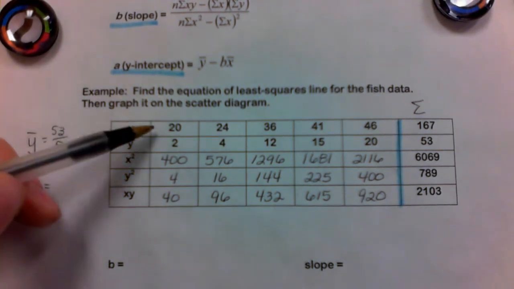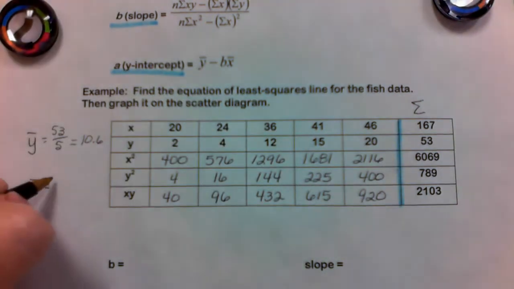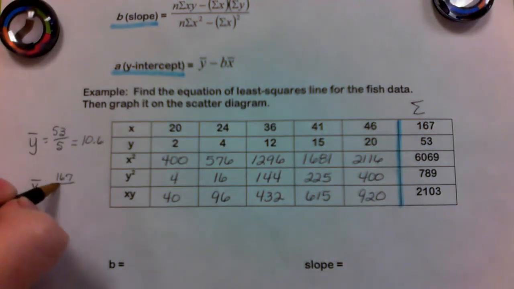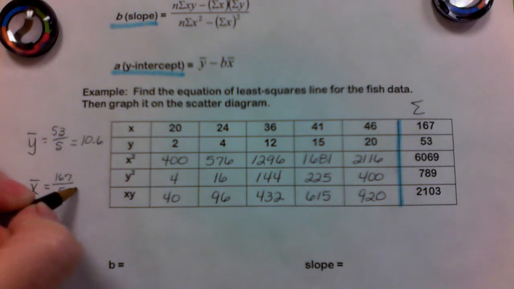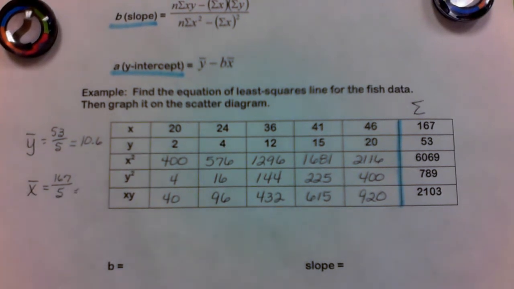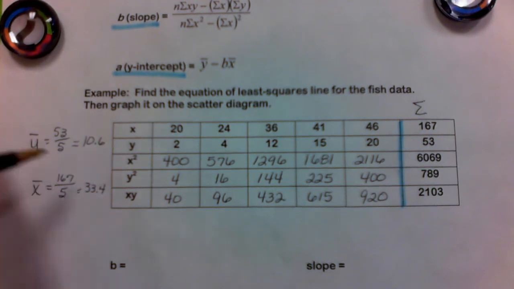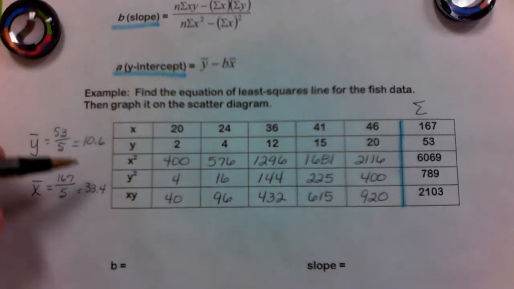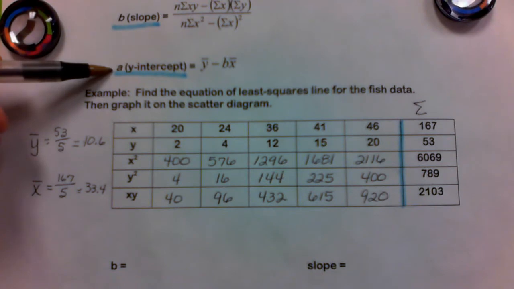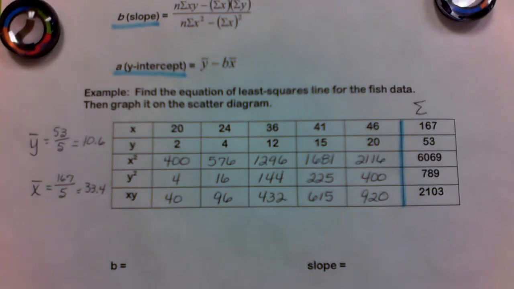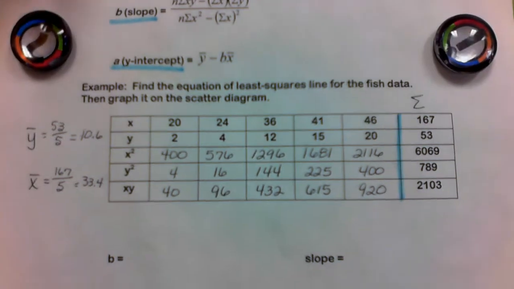And then x bar would be the summation of x, 167, divided by 5 values, and 167 divided by 5 is 33.4. So these two calculated values we will use when we find the y-intercept. But the first thing that we find is the slope.